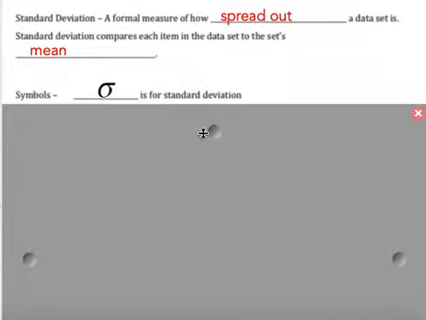So a couple of symbols here. This lowercase, kind of cursive-looking o, is sigma. It stands for standard deviation. So instead of having to write out the words standard deviation, you write this lowercase little cursive o.